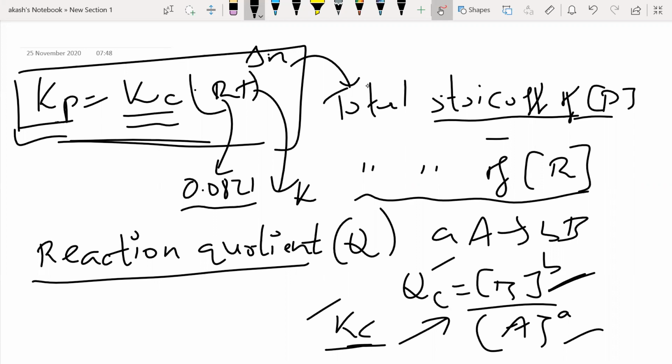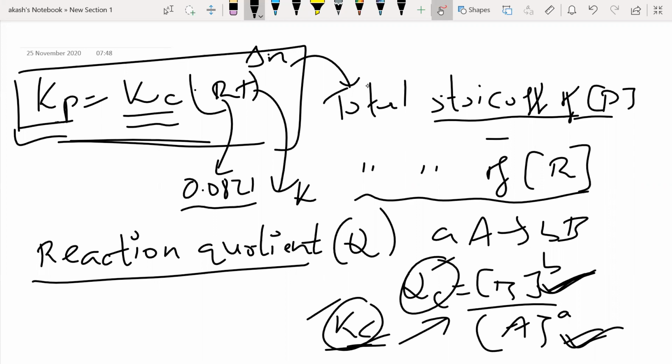But for Kc, one thing is fixed: what are these concentrations? Is it the initial concentration or the final concentration? Exactly. For Kc, these are the concentrations when the reaction has reached equilibrium.